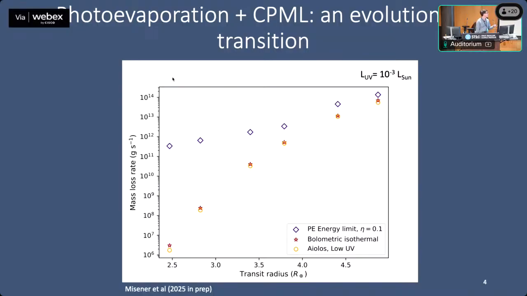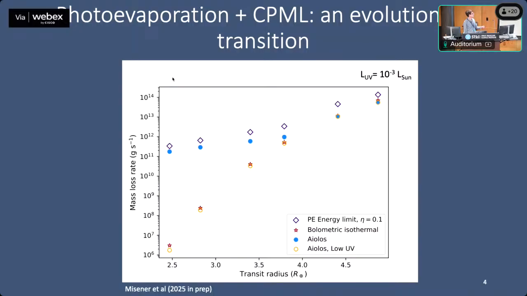And then you can add in the UV luminosity. And this is what you end up getting. So you can see that for the largest radius, the UV isn't penetrating the bolometric sonic radius, and so they match exactly with these low UV cases. The escape rates are exactly the same. And then at really low radii, you can see that the UV penetrates really deeply and you start to approach the photoevaporative energy limit.